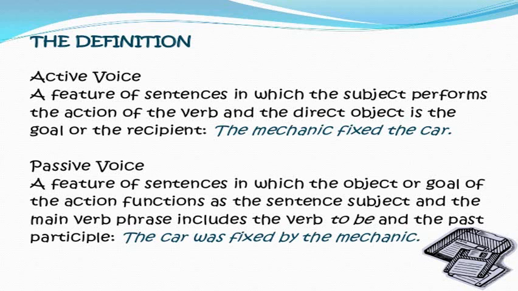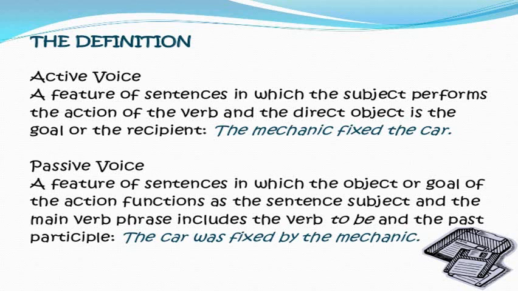But in the passive form, it's completely different. Why? Because the subject, the doer of the action, is less important, unlike the object or the action itself, which are much more important. In the passive form, we only concentrate on the action and the object, not on the subject.